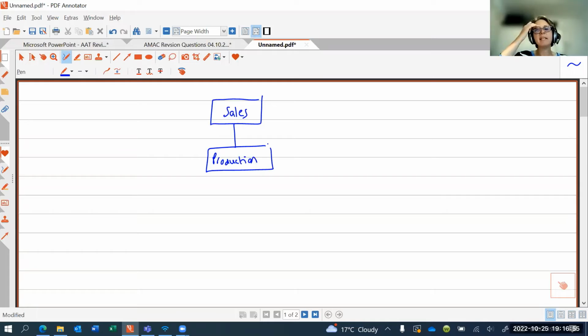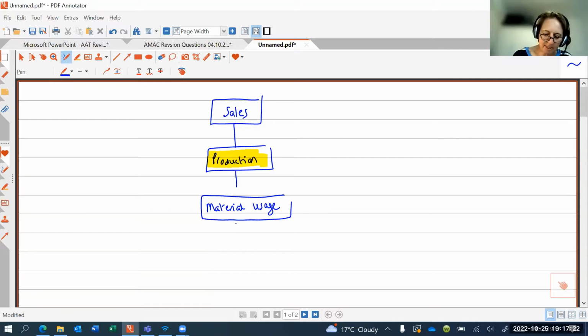I always think that this is a little bit like a map, and production is the roundabout in the middle that takes us off in all the different directions. So production is a key budget in any question involving functional budget preparation. From production, I could work out how much material is needed. So the material that I need to use in order to hit that production target.